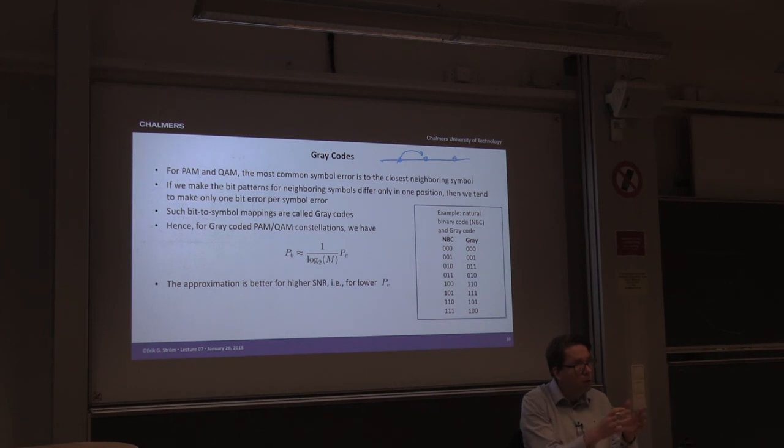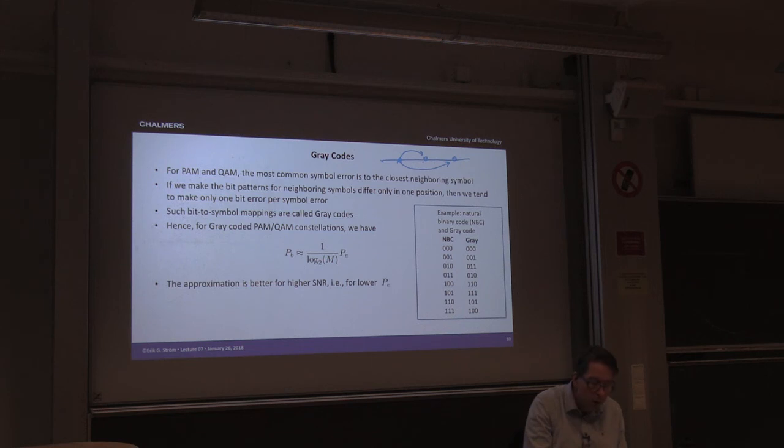The noise is more improbable to go far than short. So this error event is more likely than this error event. So what we would like to do is to minimize the number of bit errors we make when we move from one point to the other point.